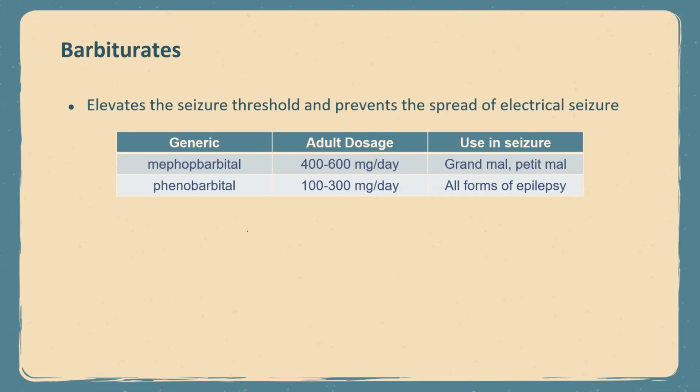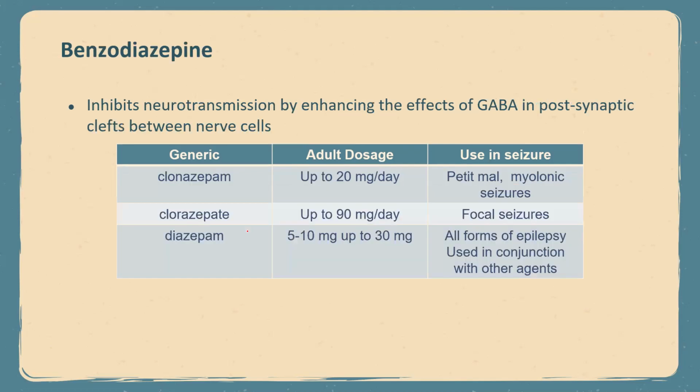Thus, they can be used for treating partial and generalized tonic-clonic seizures. So for mephobarbital, the dosage is 400 to 600 milligrams per day, and that is used for grand mal or petit mal seizure. For phenobarbital, we have 100 to 300 milligrams per day, which can be used for all forms of epilepsy.